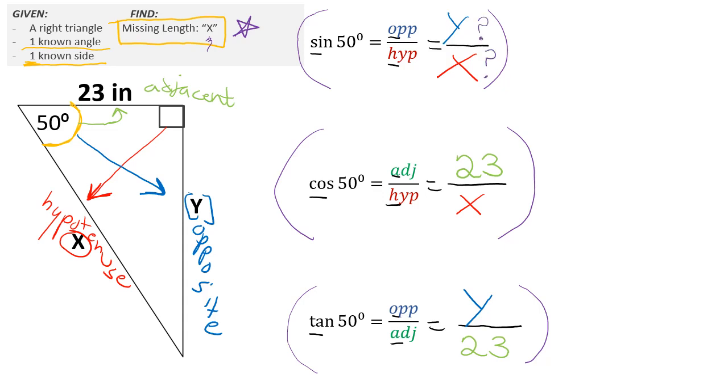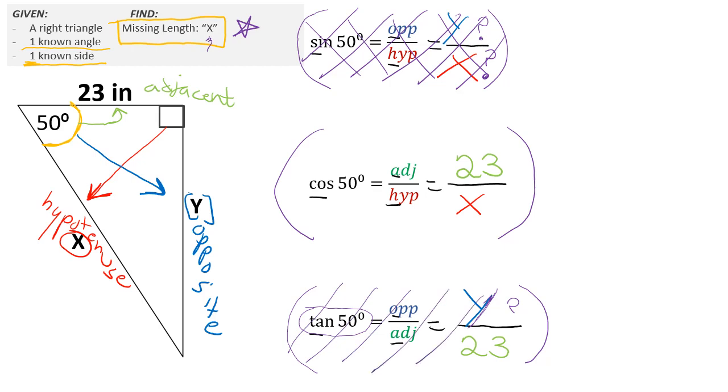We don't know what y is, so the sine of 50 is not going to be of much use. It's correct, it's just not useful. The same thing down here with the tangent of 50. Well, we only have one unknown variable here, the y, but that's not what they're asking us to find. They're asking us to find the length of x.